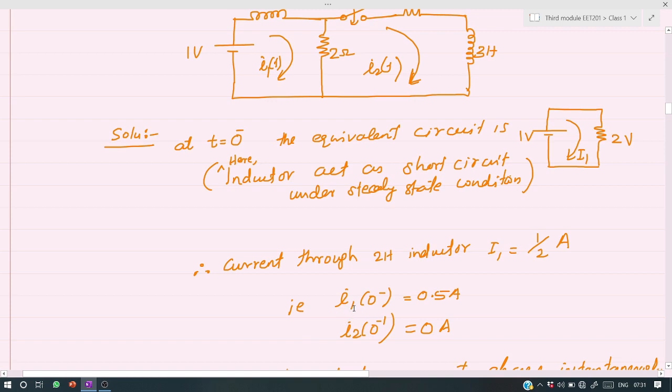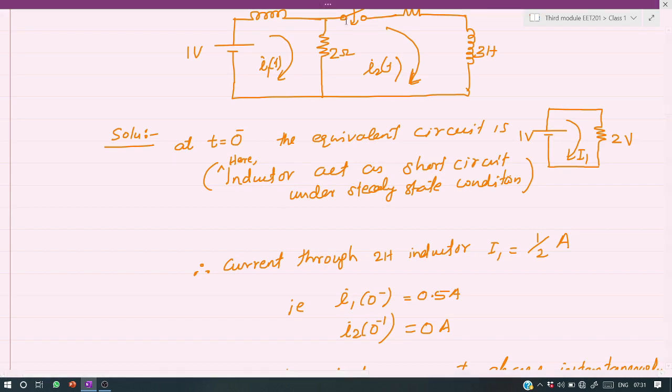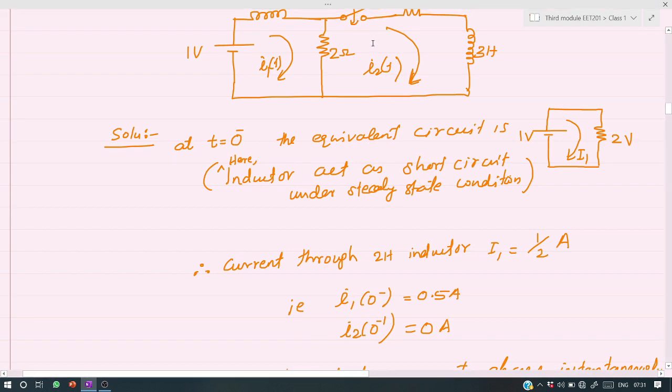That is I1 of 0 minus is 0.5 ampere and I2 of 0 minus is 0 ampere, as the switch is open initially. Where I1 of 0 minus is the current flowing through the 2 Henry inductor just before the switch is getting closed, and I2 of 0 minus is the current flowing through the 3 Henry inductor just before the switch is getting closed.